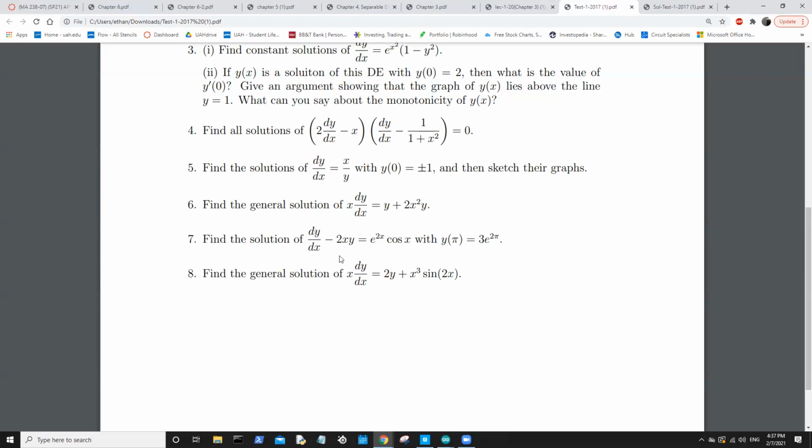Next step of integrating factor is to take it and multiply it across all the sides. So by definition, on the left-hand side, we end up with the product rule of this. So we can simply write it as u of x times y, the whole thing primed, is equal to, in this case, e to the negative x squared times e to the 2x times cosine x.